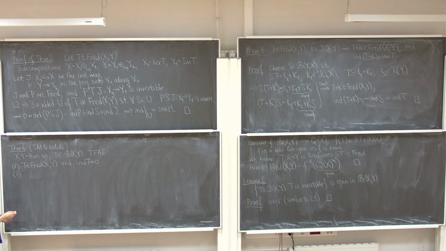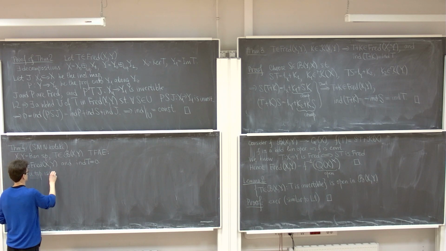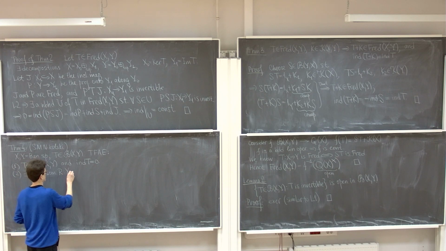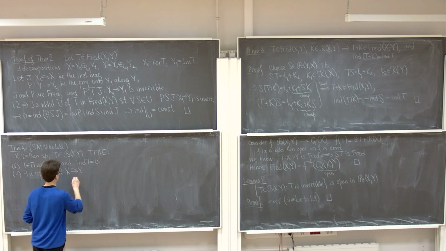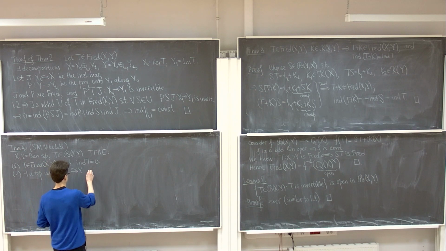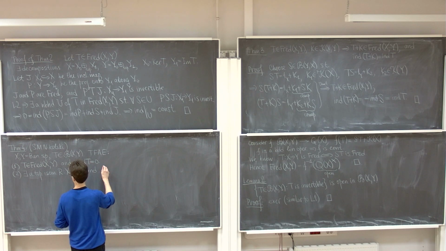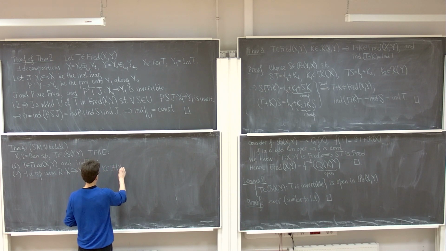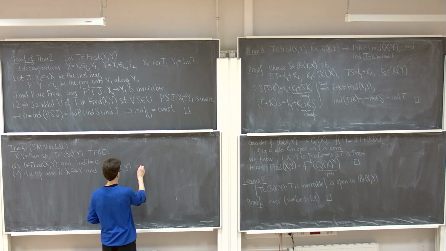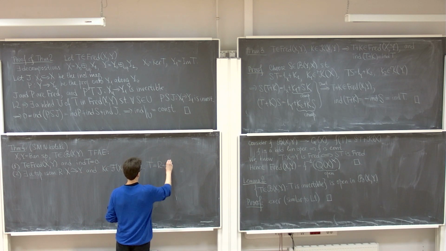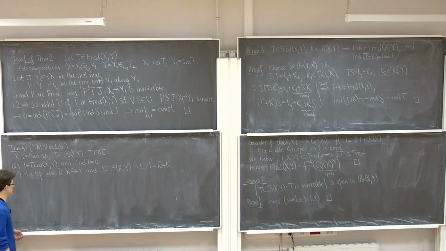Condition 2, there exists a topological isomorphism R between X and Y and a finite rank operator, say K, a bounded finite rank operator from X to Y, such that T equals R plus K. In other words, a Fredholm operator of index 0 is a finite rank perturbation of a topological isomorphism.